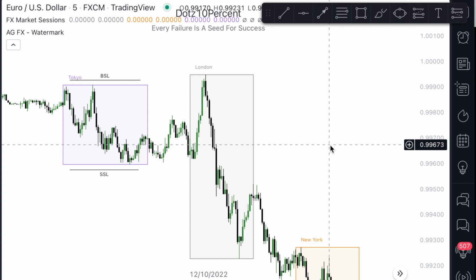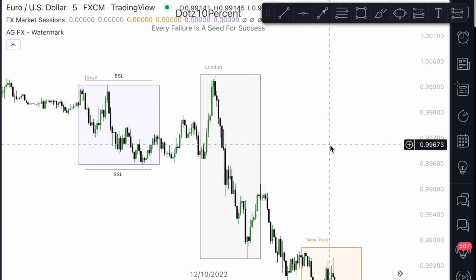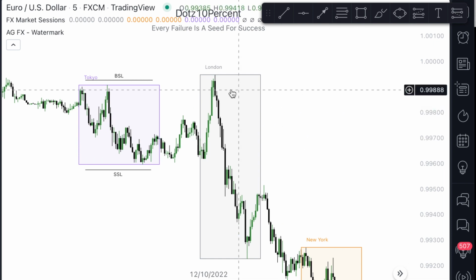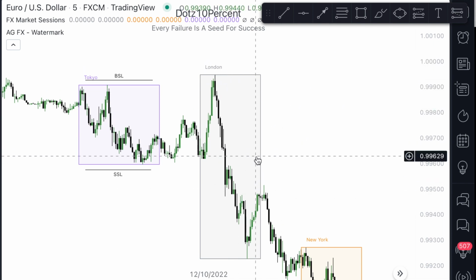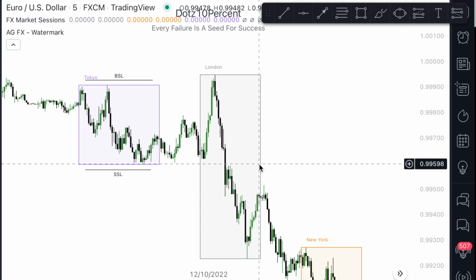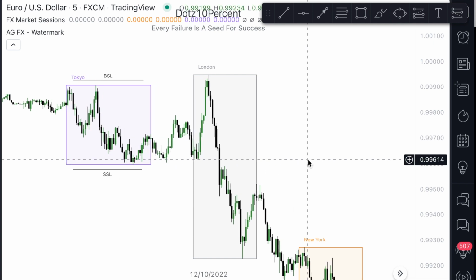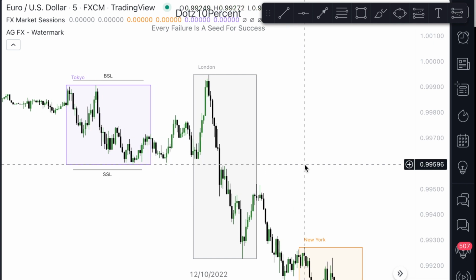Now, this is the disclaimer. We will see a run on Asia liquidity most days, in one direction at least, but price will not always take one side then take the other. Don't automatically have that assumption. How do you know if it will? The answer to this is bias.